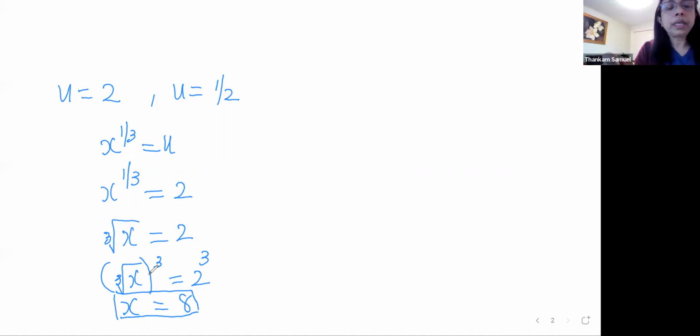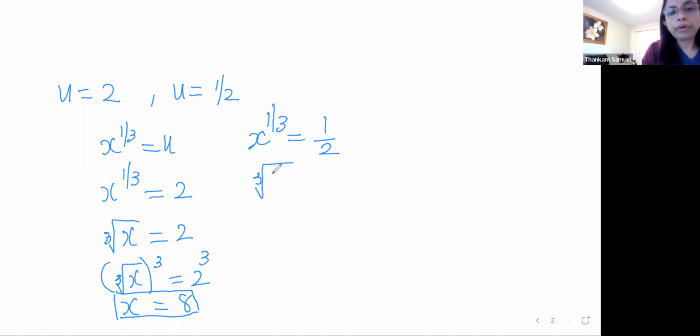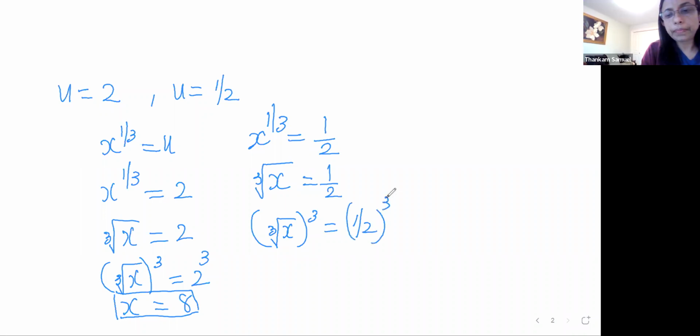Then substitute x^(1/3) equals 1/2. So instead of u, we have to substitute 1/2. This is again cube root of x equals 1/2. To get the value of x, take cubes on both sides of the equation, or both sides raised to the 3rd power.